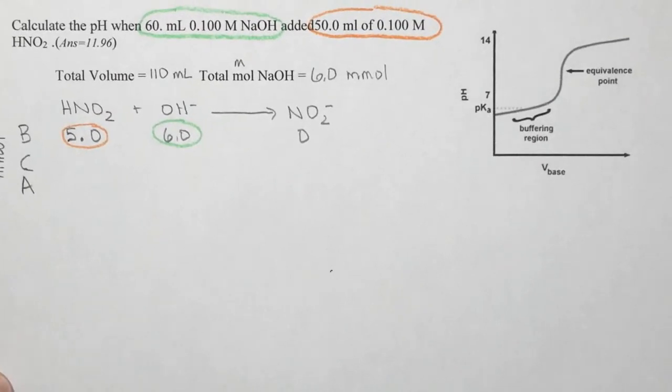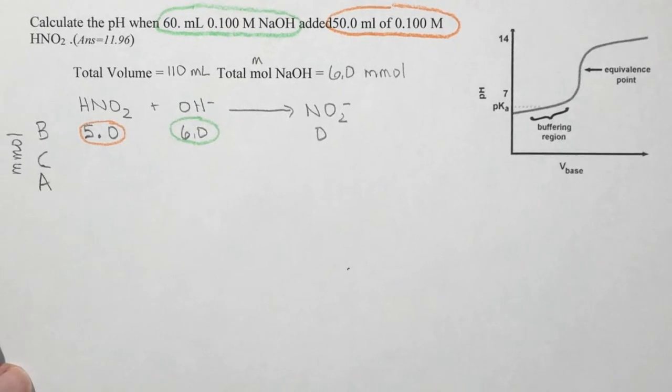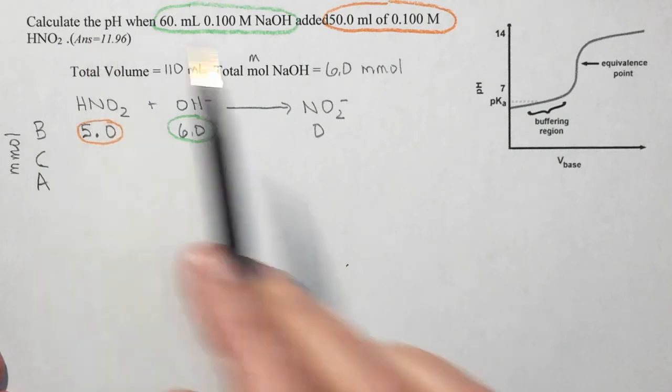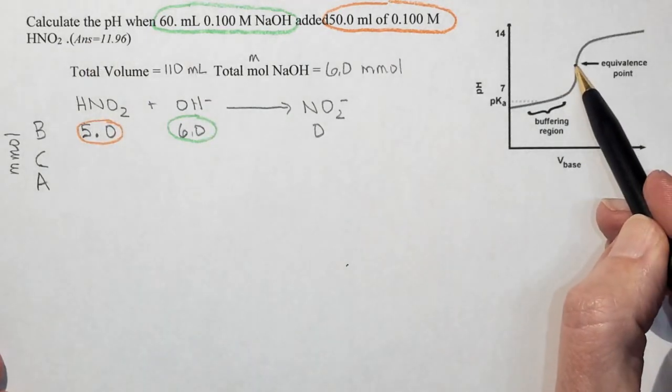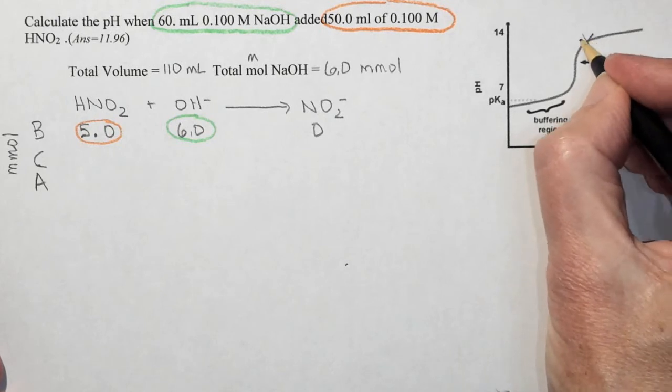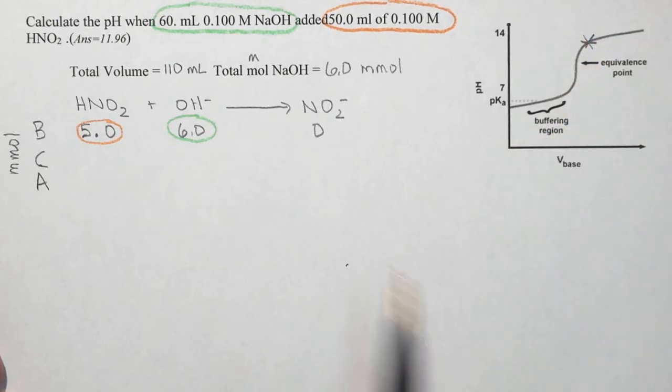All right, we are on our last titration calculation for titrating a weak acid with a strong base. We are going to be going the other way next, but we're almost done with this. We calculated the equivalence point in the last calculation. Now we're going to calculate past the equivalence point, somewhere up here.